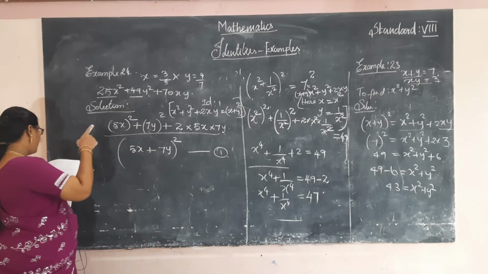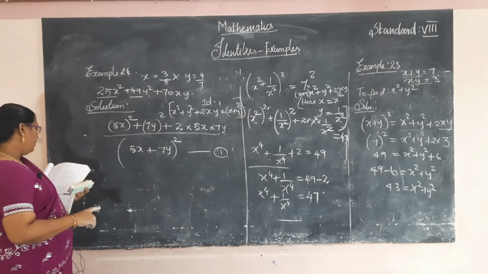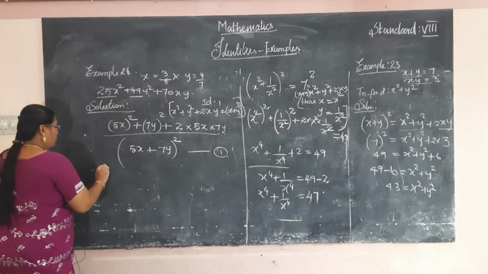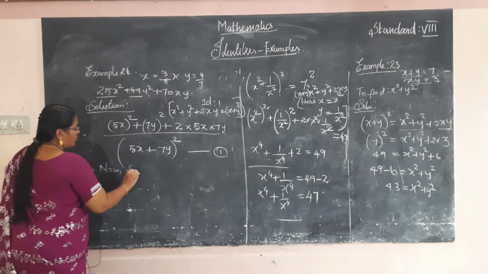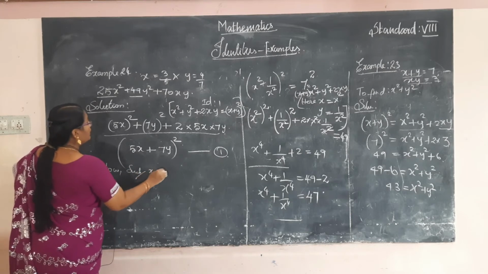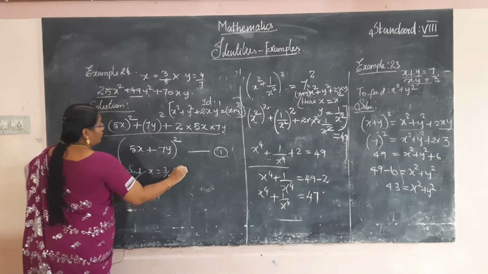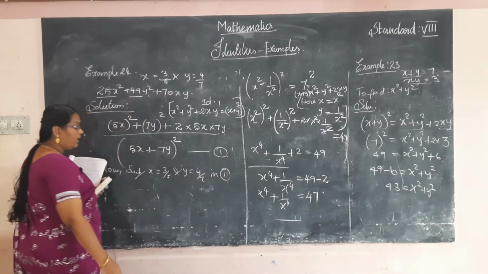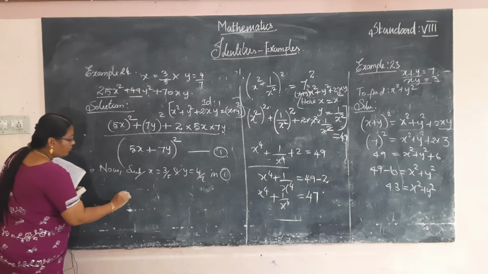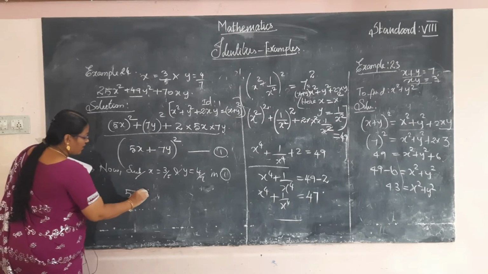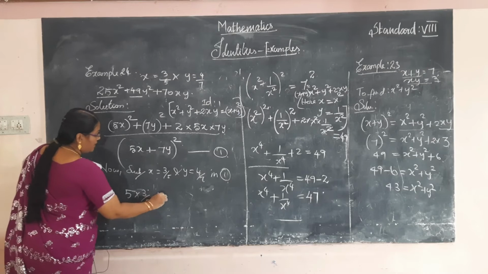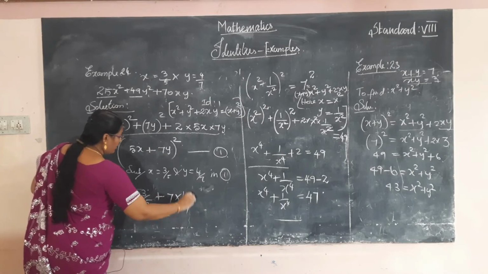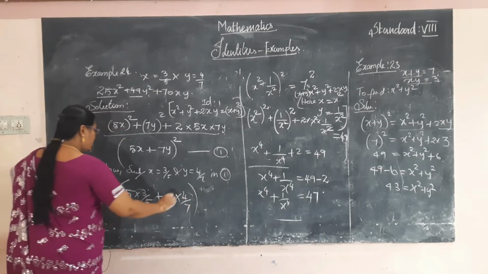So which condition is given? Here the x value is 3 by 5. Now substitute the value of x equal to 3 by 5 and y equal to 4 by 7 in equation number 1. In equation number 1, substitute 5 into x value, which was 3 by 5, plus 7 into y value, which was 4 by 7, the whole squared.